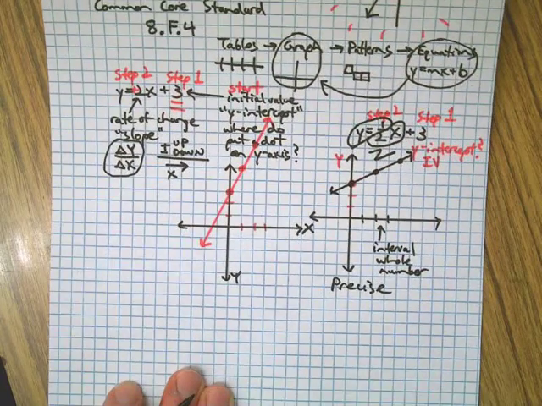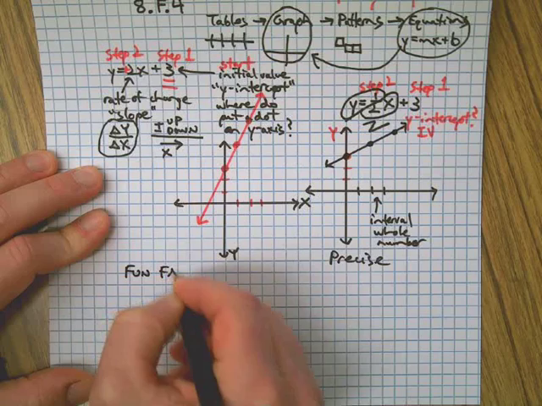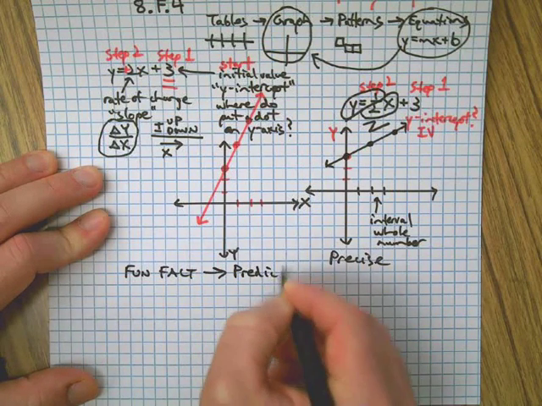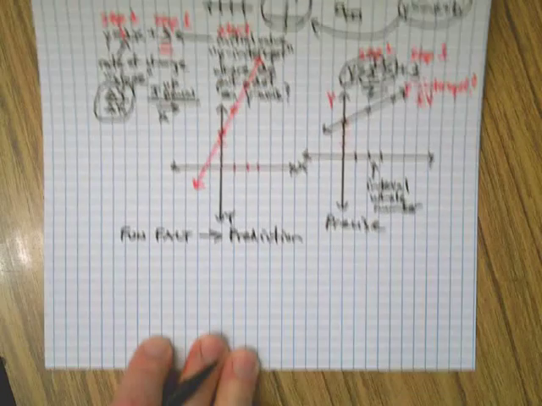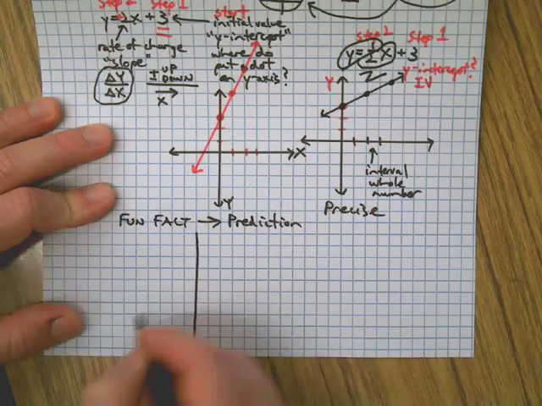Now, just some fun facts that you should know. This will help you make predictions. Right away, when you see an equation, you should be able to predict about what that graph is going to look like. Let me show you what I mean.